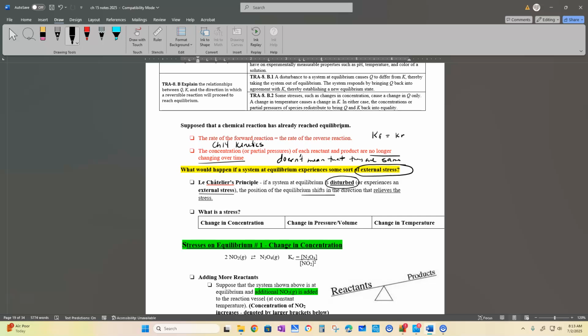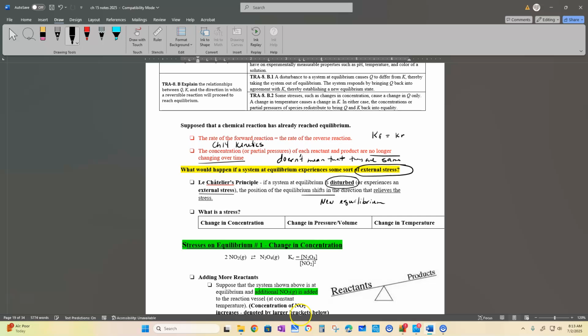So you're shifting left or right to relieve that stress. You won't go back to the original equilibrium; you'll have a new equilibrium, and I'll show you with a picture what that looks like on the equilibrium graph.